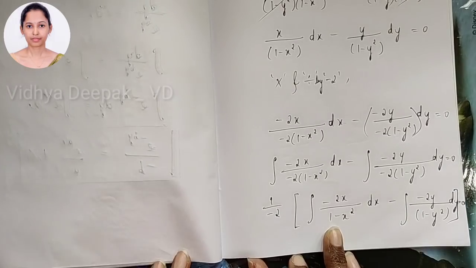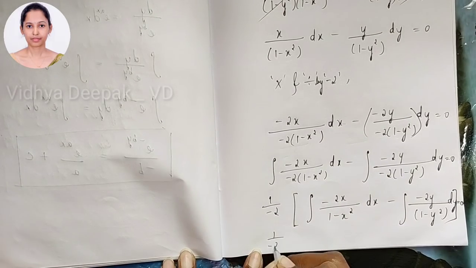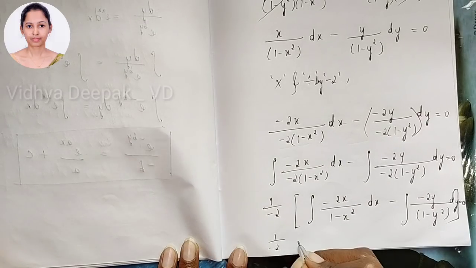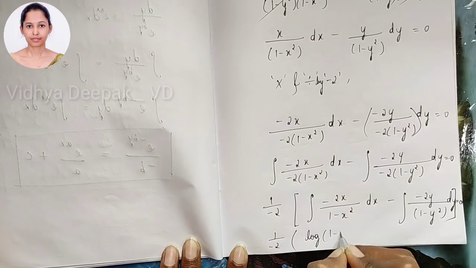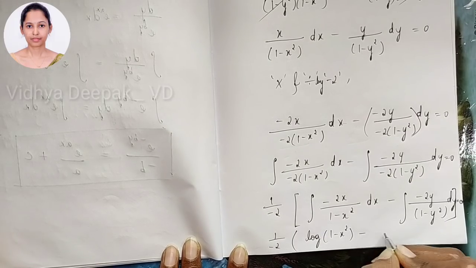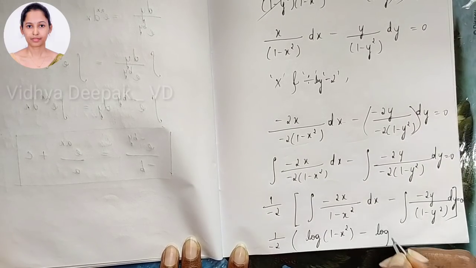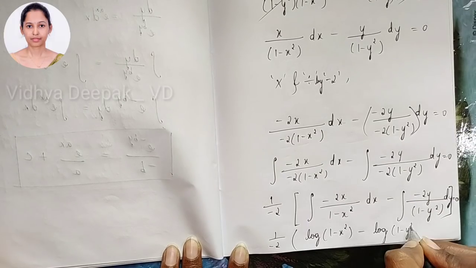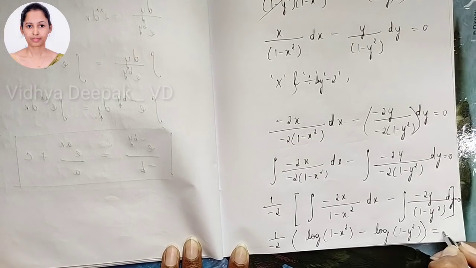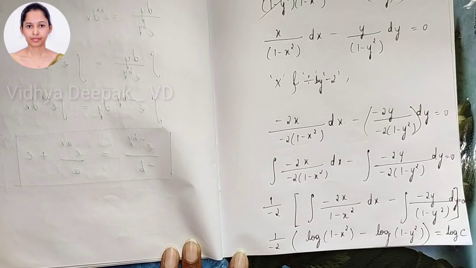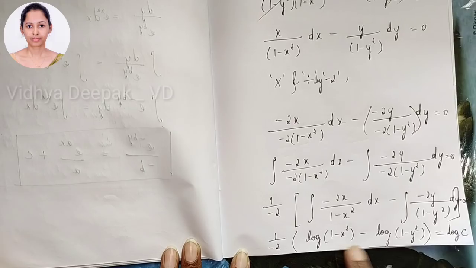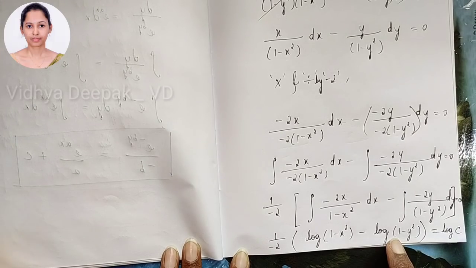So this can be written as 1/(−2) into [log of (1 − x²) minus log of (1 − y²)] is equal to, I'll take the integration constant as log c. So this is of the form log m minus log n, right?